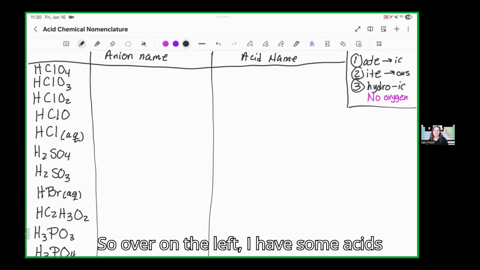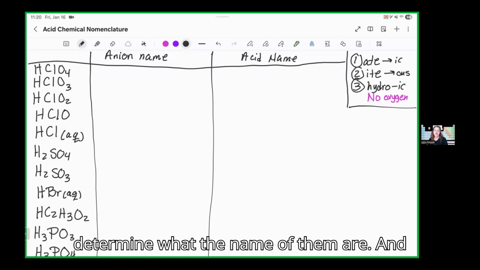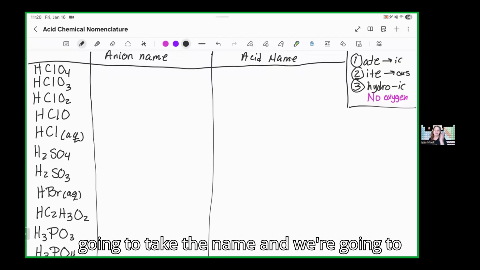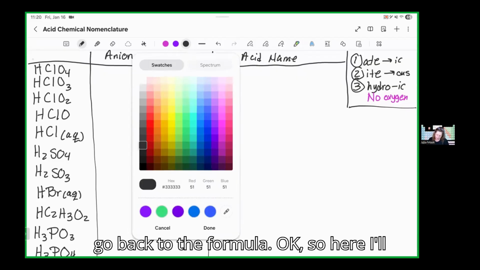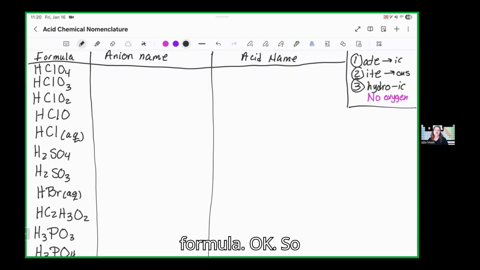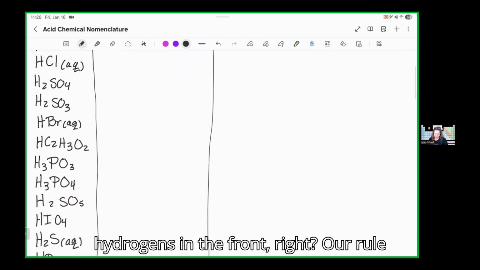So over on the left, I have some acids written down that we are going to determine the names of. And then when we're done with that, we're going to take the name and go back to the formula. You will notice all of these have hydrogens in the front.